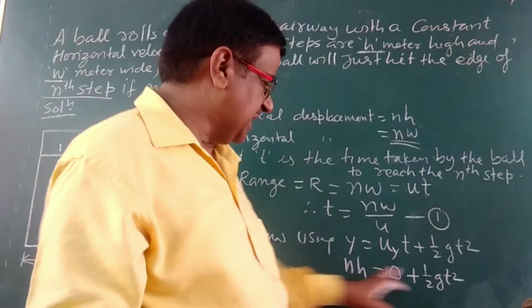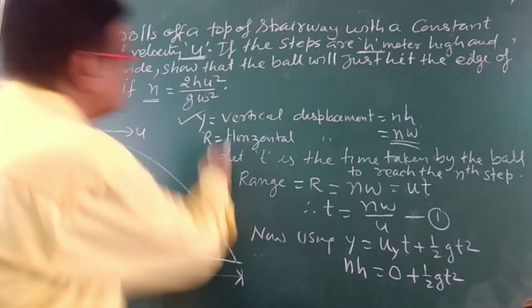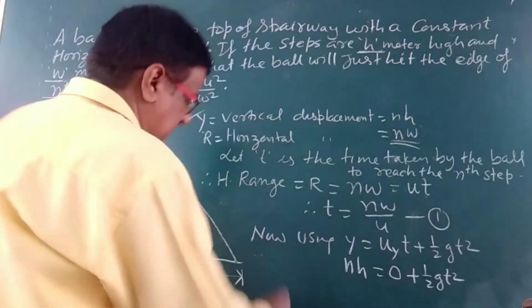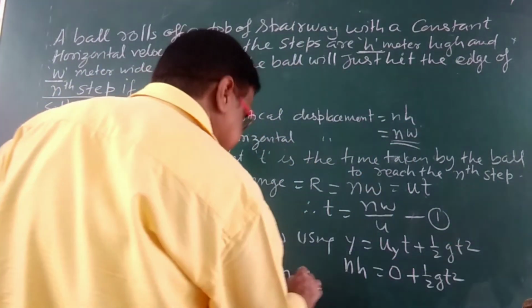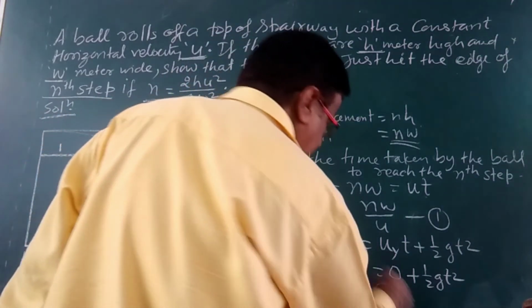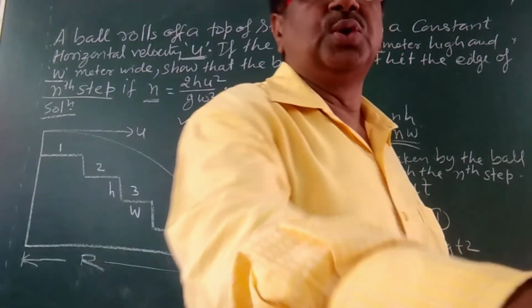The vertical displacement y is nh. So we can write nh is equal to half gt square. This is equation number 2.